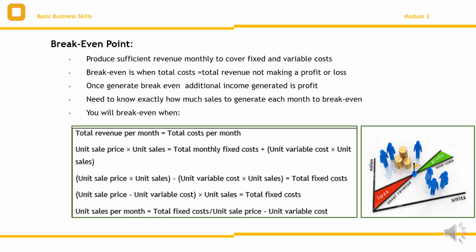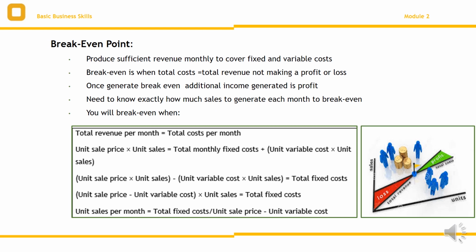You will break even when your total revenue per month is equal to your total costs per month. When your unit sales per month is equal to your total fixed cost divided by your unit sale price minus your variable costs. So in order to be able to know your break-even point, you would need to calculate your total revenue per month and also your total costs per month so that you know when you start to break even as a business.